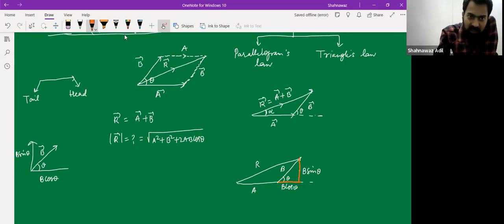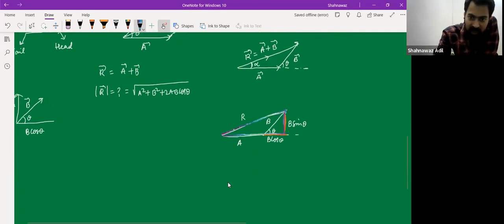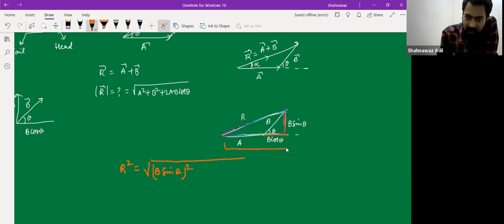Now this is the right angle triangle. For this case of right angle triangle, R is the hypotenuse, right? So your R square would be what? The perpendicular square, which is B sine theta, and this base square. So this base is how much? A plus B cos theta whole square, right?